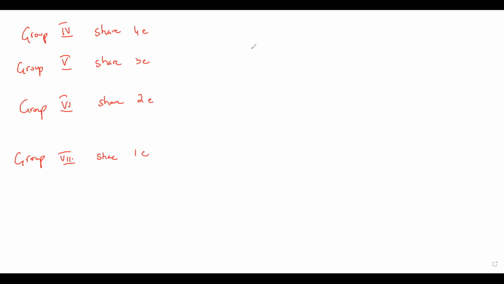So if we want to draw the covalent structure of Cl2, Cl2 means 2 chlorine atoms. So we have 1 chlorine here and the second chlorine next to it. Then we have to check the group. When we check the group for chlorine, chlorine belongs to group 7. So if an element belongs to group 7, it will share only one electron.